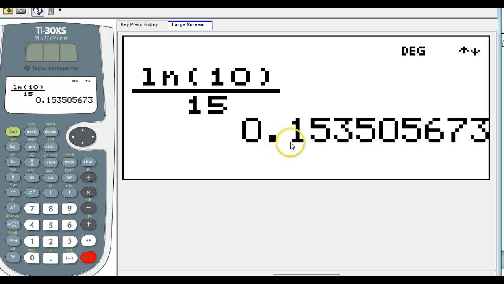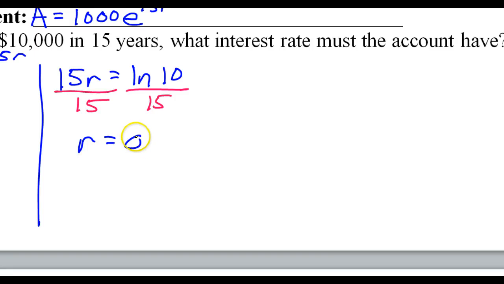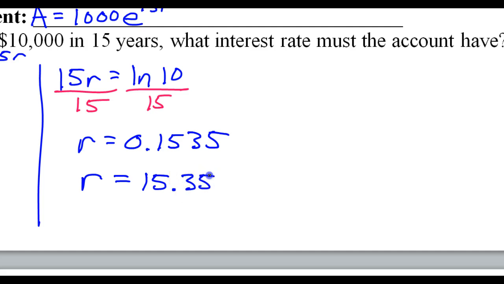So that is 0.1535. Notice how I use 4 decimal places. We are expected to write that rate as a percent. That's why we needed 4 decimal places, because when you convert it to percent, it's 15.35%.